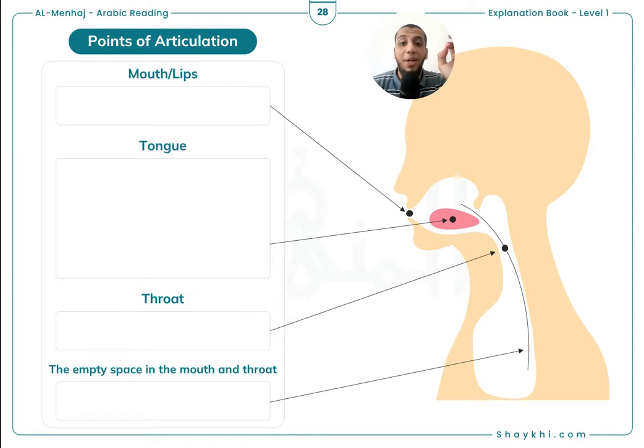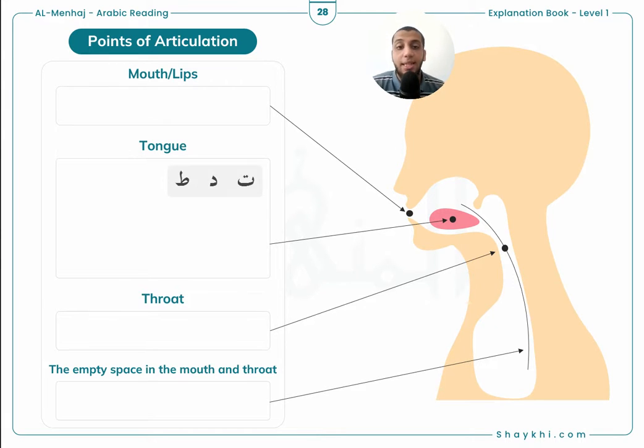So, as we said, we will now discover the difference between the three letters that have the same point of articulation. So, let's get into it.